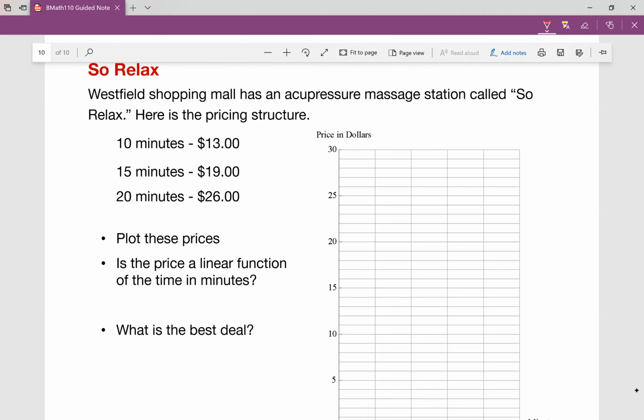So Relax. Westfield Shopping Mall has an acupressure massage station called So Relax. Here is the pricing structure. 10 minutes, you pay $13. 15 minutes, pay $19. 20 minutes, $26.